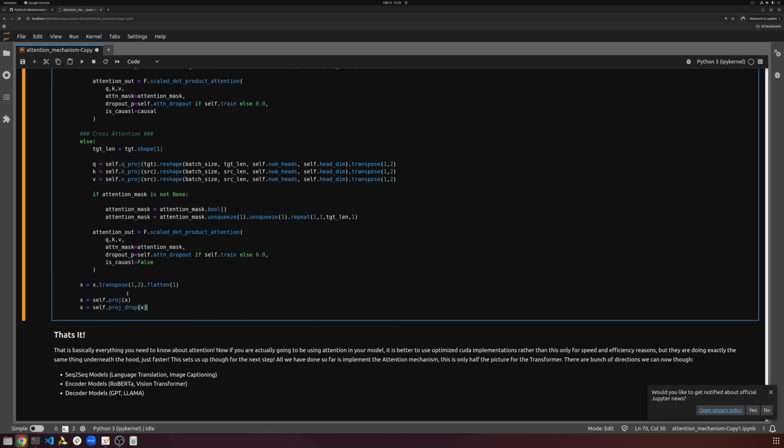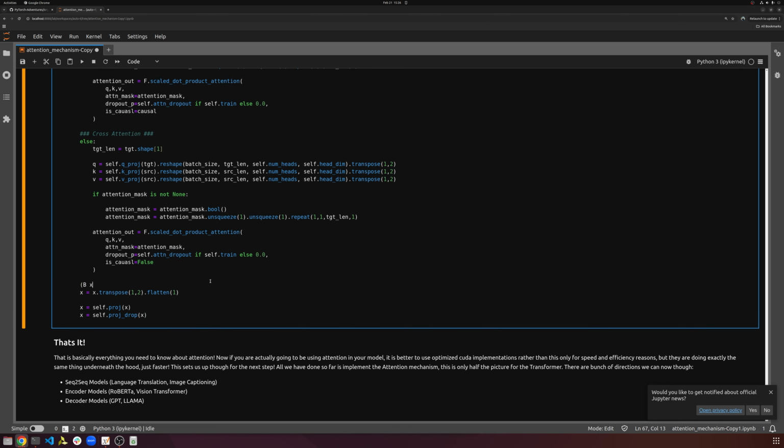So this will take our batch by num heads by sequence length by head dim, and it'll convert it to basically batch by sequence by head by e, and then it'll just flatten everything afterwards. And actually, no, flatten should happen on 2.